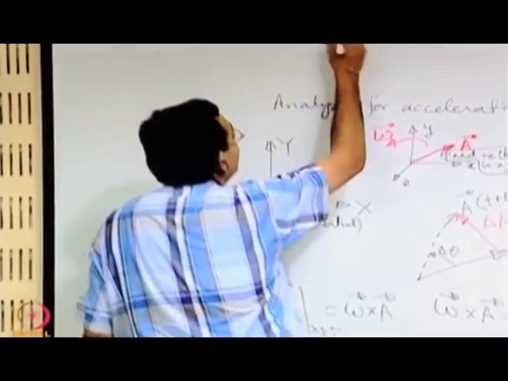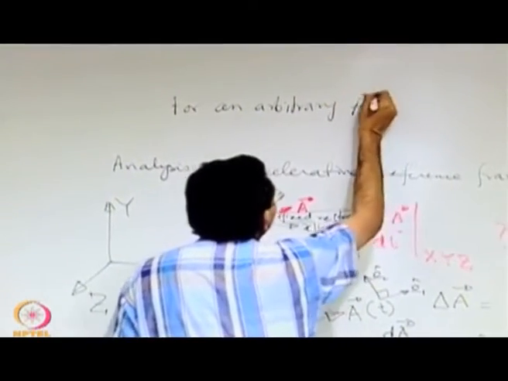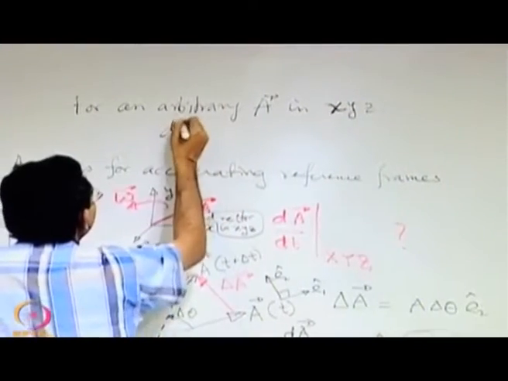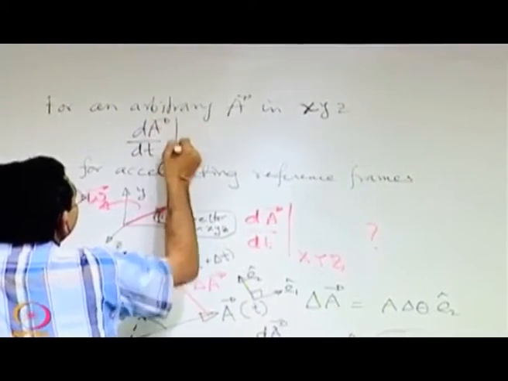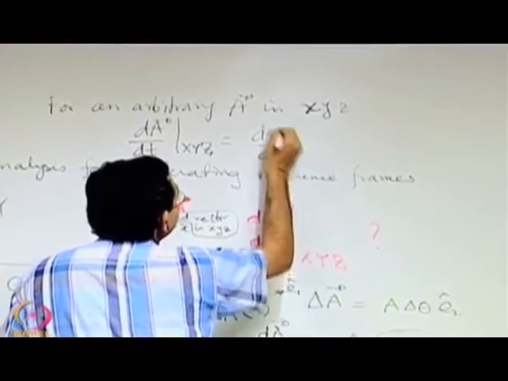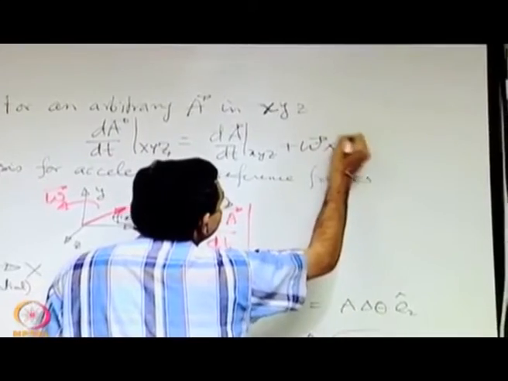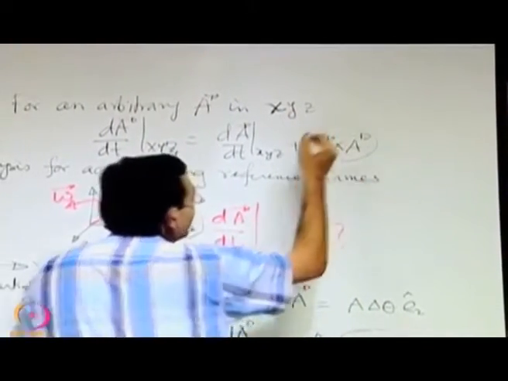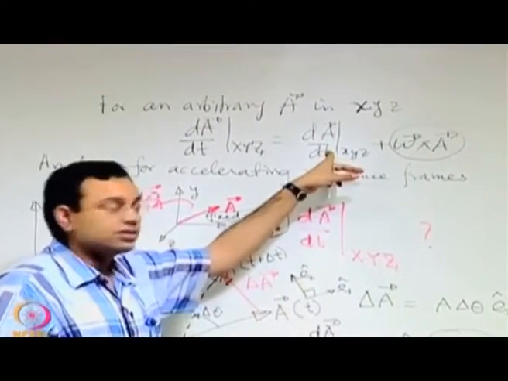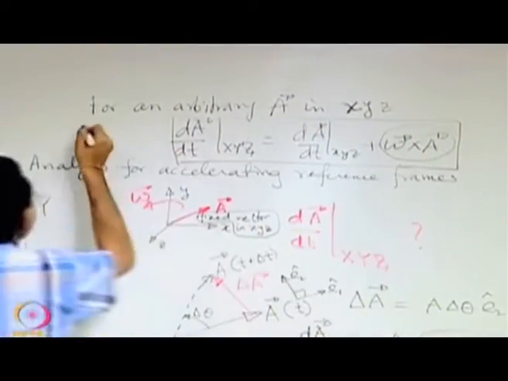So, in general for an arbitrary vector A in small x y z, you have dA dt in capital X Y Z is equal to dA dt in small x y z plus omega cross A. So, this change is felt even if A is fixed, but if A is moving relative to small x y z, this is an additional change. So, that is the total change, and you know from your earlier studies that this is known as Chasles' theorem.